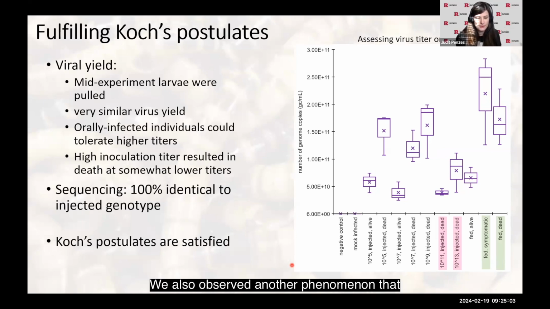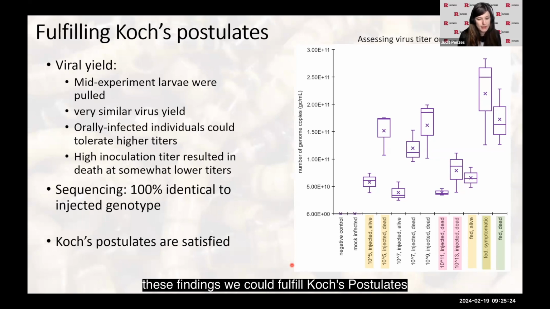We also observed another phenomenon: the virus titer increases very suddenly and really significantly, over 10-fold, once the animal starts exhibiting the symptoms of the black wasting disease.